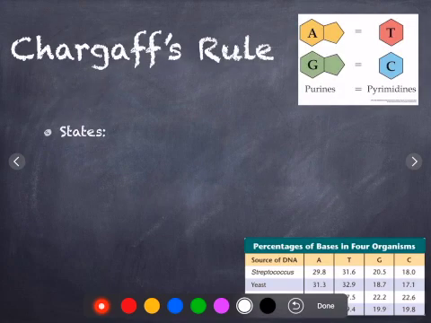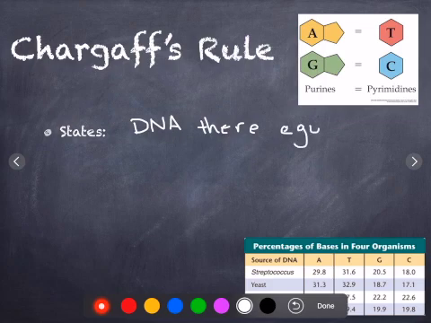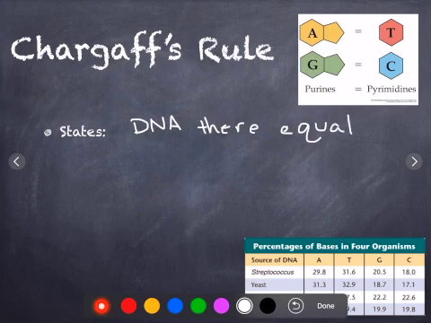So we also have this rule called Chargaff's rule. And pretty much what this rule states is that in DNA, there is an equal amount of purines and pyrimidines.